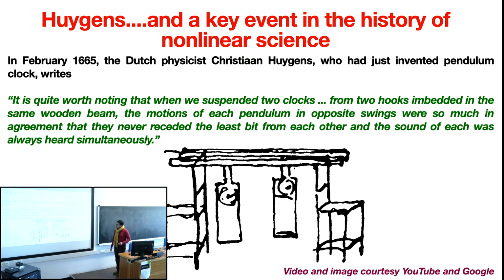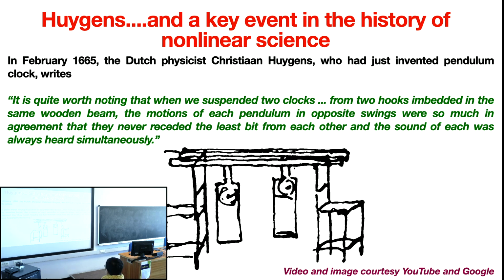It all started with an experiment done by Christian Huygens, this Dutch physicist, who in 1665 had just invented the pendulum clocks. Perhaps you are not familiar with them. How many of you have seen pendulum clocks? Oh, quite a few. I was thinking that the number would be even fewer.